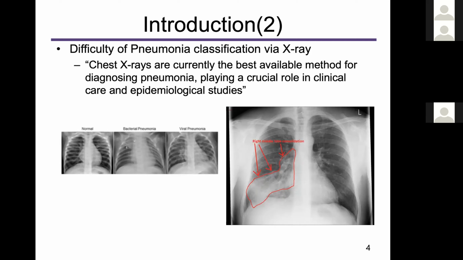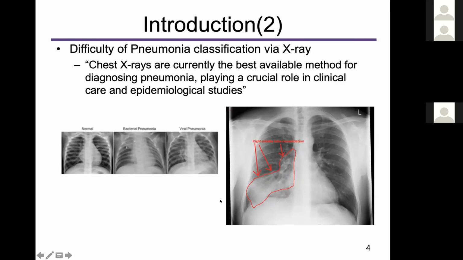But there are two problems. First, as in the last figure, pneumonia has two different causes. The first one is bacteria, and the second one is virus. They look different, and the chest image of each pneumonia is different, so it's hard to recognize them as one pneumonia.